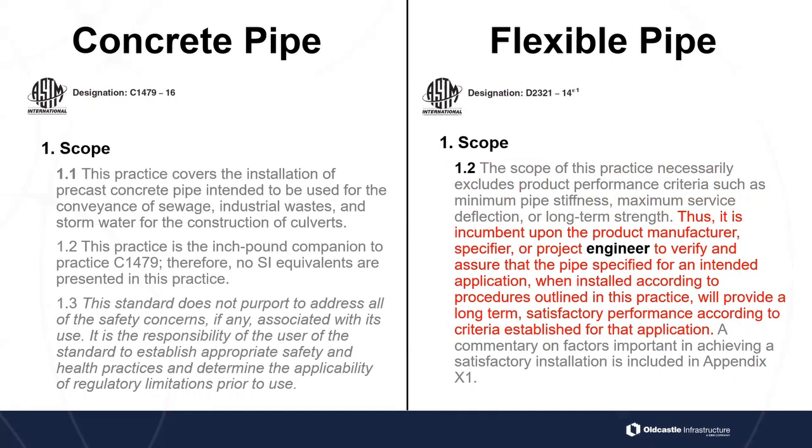So here it is right off the bat, the very first section. It's talking about the responsibility of the engineer to verify all of these things and to go through the proper calculations, as we went over last webinar, to make sure that this is meeting the long-term strength requirements. It will have satisfactory performance, etc.